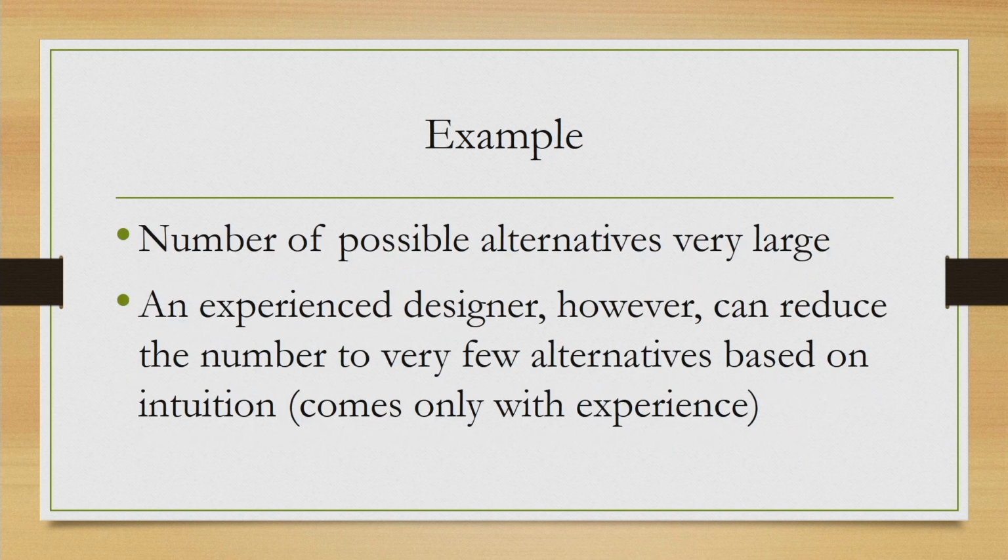So, the number of possible alternatives is very large. All the layouts in this set of 27 factorial layouts are possible candidates for a design, and we can safely say that this number is very large for practical consideration.